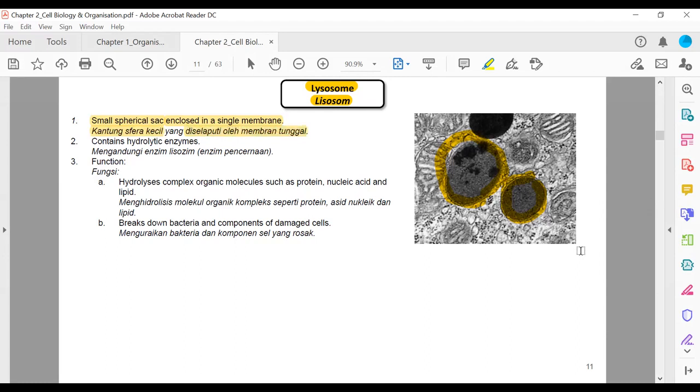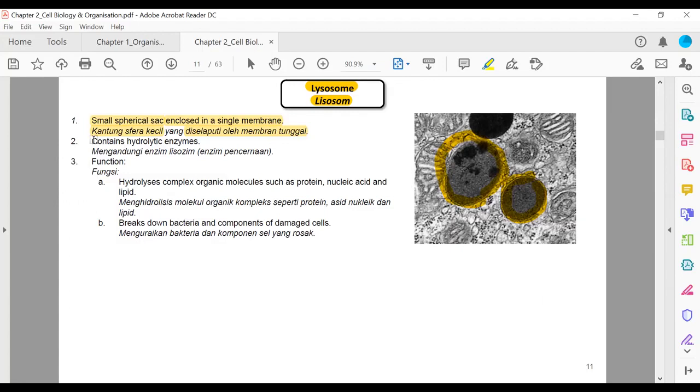Maknanya bukan macam mitokondria. Kalau kita lihat mitokondria, membran dia ada dua, outer membrane and inner membrane. Di sini tak ada, only one membrane. Just like plasma membrane, we don't have inner and outer membrane. Plasma membrane pun single membrane juga. So same thing here. So single membrane.